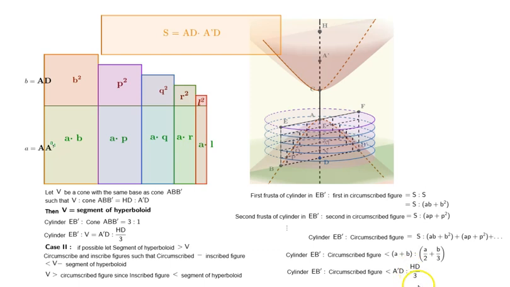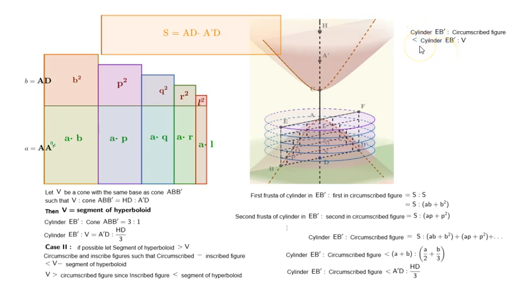But A prime D is to HD by 3 is equal to cylinder EB prime is to V. So cylinder EB prime is to circumscribed figure is less than cylinder EB prime is to V. So here again you notice cylinder EB prime is the numerator on both sides.